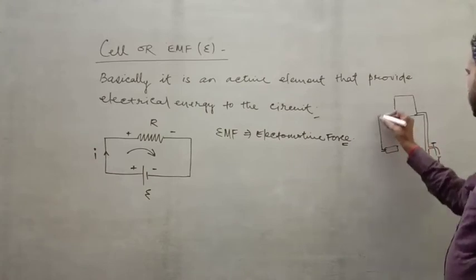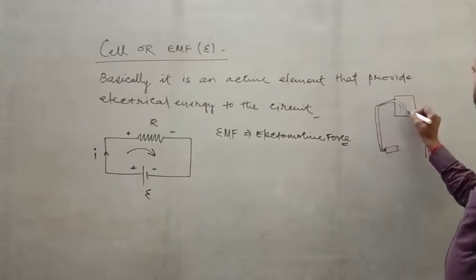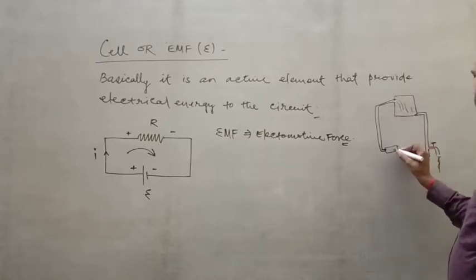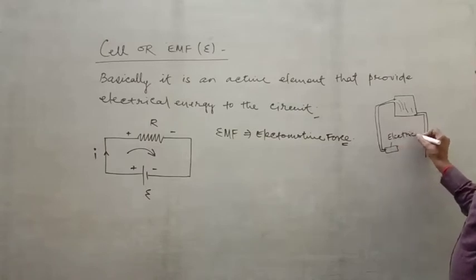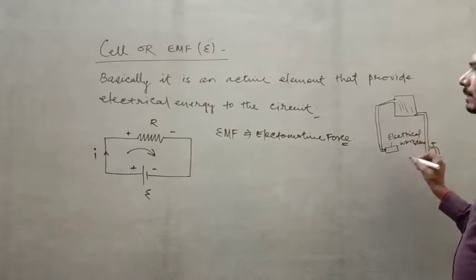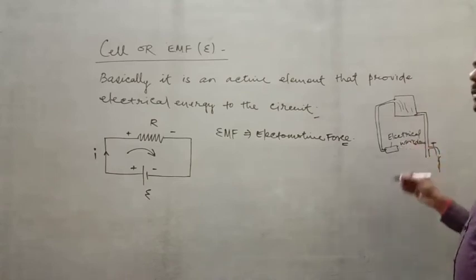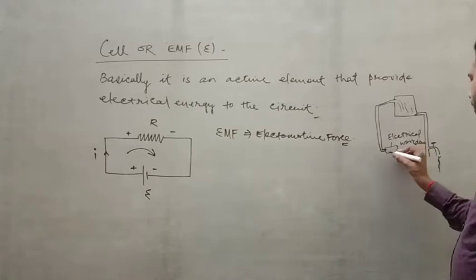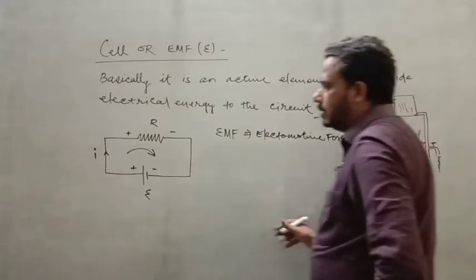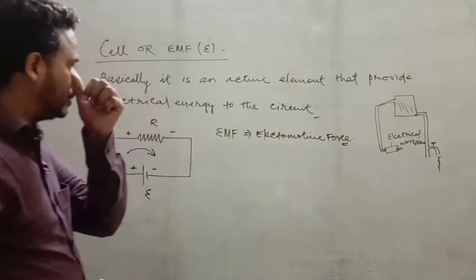You can pour water here by using this electrical work done. Why is it electrical? Actually the work done here is mechanical, but why am I telling electrical work done? Because we use electricity here, that's why. Okay, so by this way you can do it. But now here there is some work done, and this work done is called electromotive force.